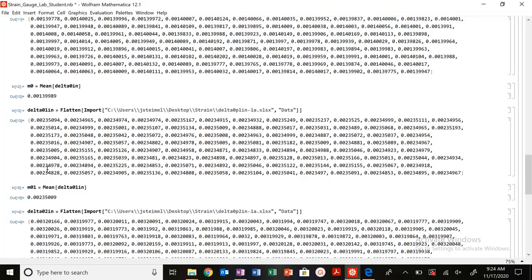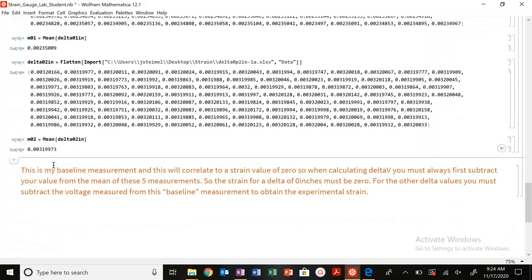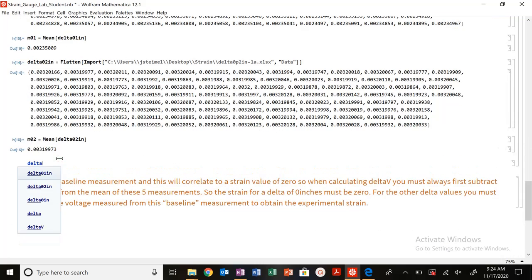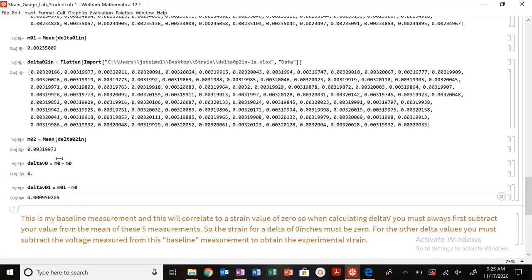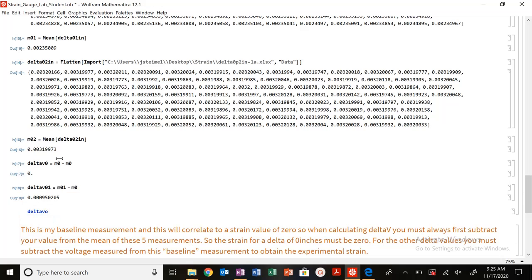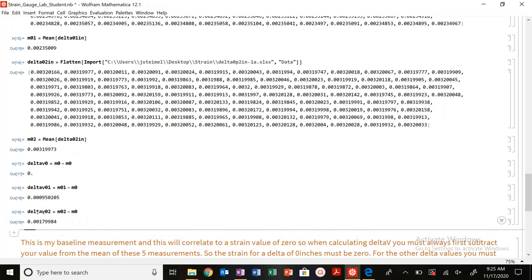Now, the change in voltage, so my delta V of zero deflection is going to be M0 minus M0. My delta V01 is going to be equal to M01 minus M0. And my delta V02 is going to be my M02 minus M0. So those are my delta V naughts.